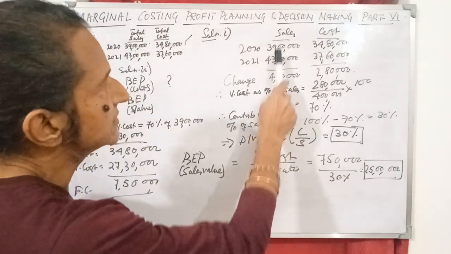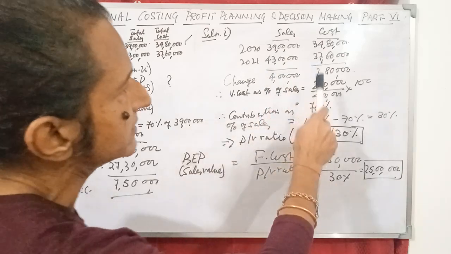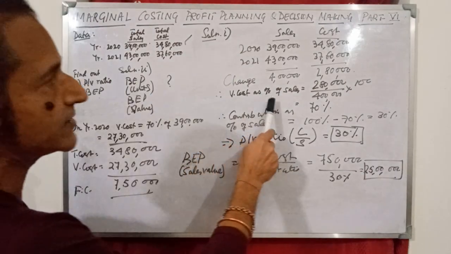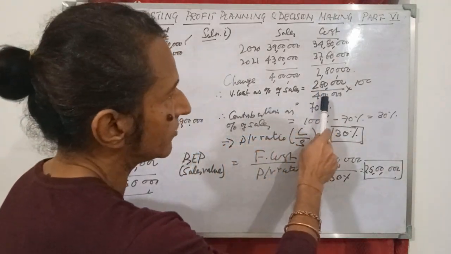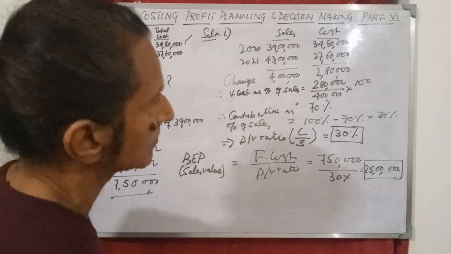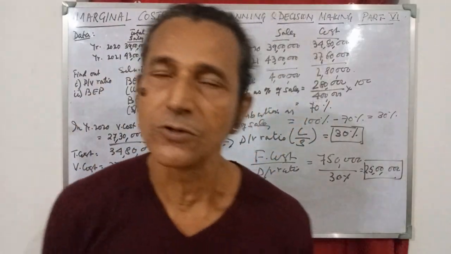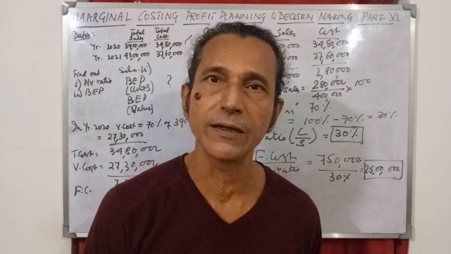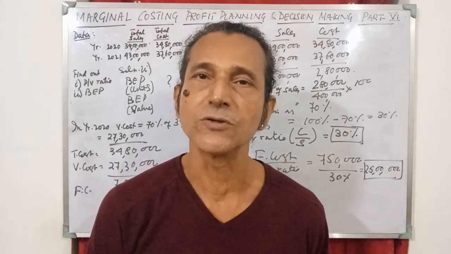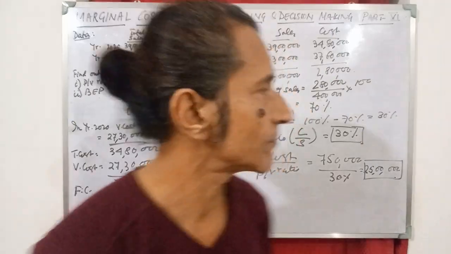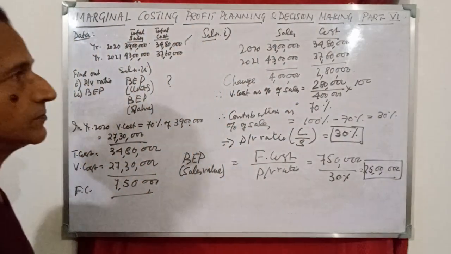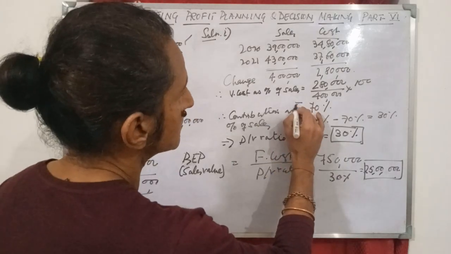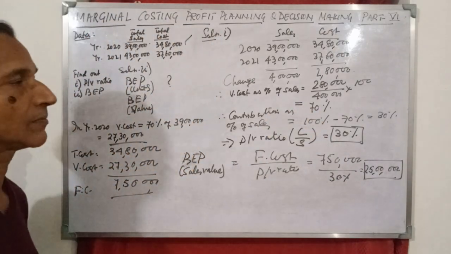The change in sales is 4 lakhs, change in cost is 280,000. Therefore, variable cost as percentage of sales is 280,000 divided by 400,000, that is 70%. Why? Because total cost change is due to change in variable cost only, fixed cost remains fixed. So change in fixed cost is 0. So 70% is the variable cost as percentage of sales.